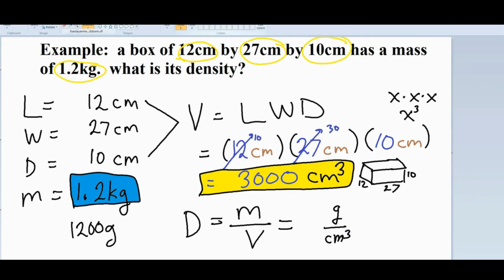And to help you see, we have a mass of about 1,200 grams over 3,000 cubic centimeters. You can do this on your calculator, but come on, let's see, it's the same as 12 over 30.